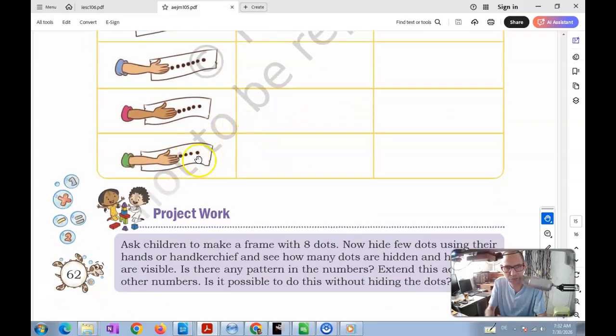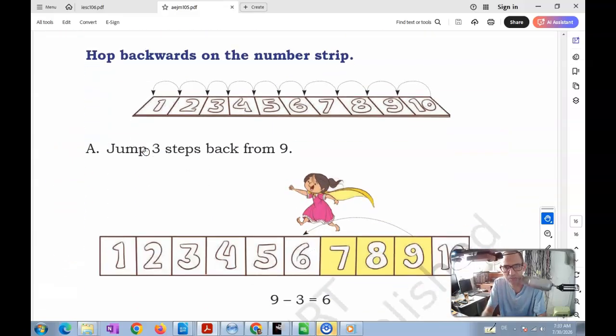Or here 4 dots are visible, so again 10 minus 4, meaning the total number of dots minus the visible dots, meaning 10 minus 4 would be 6. That means that the person has hidden 6 dots under his hand, which is again an example of something that you can do with subtraction.